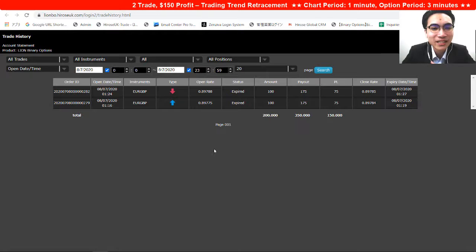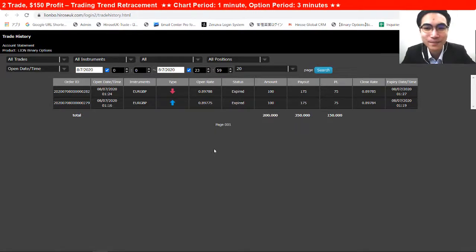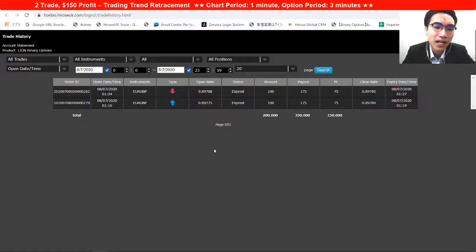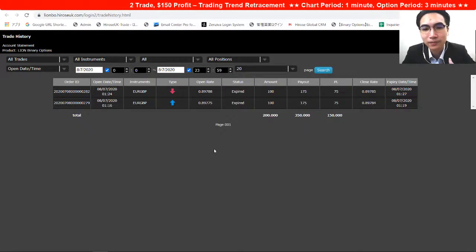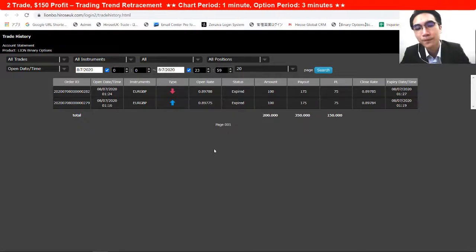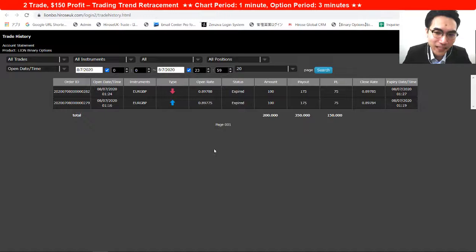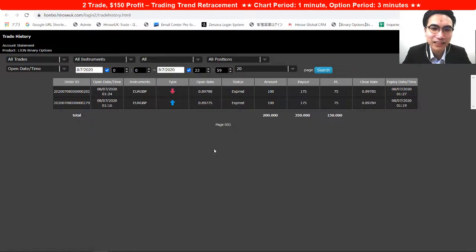If you trade with a larger amount of funds, of course the profit is going to be more. For me, above 100 is a good number. Once I reach my goal of the day, I will just sign off to secure the profit. Anyway, let's take a look at how I set up the indicators for this strategy.